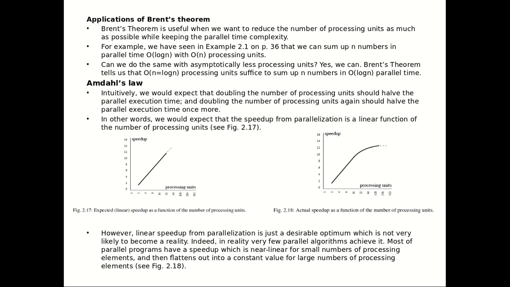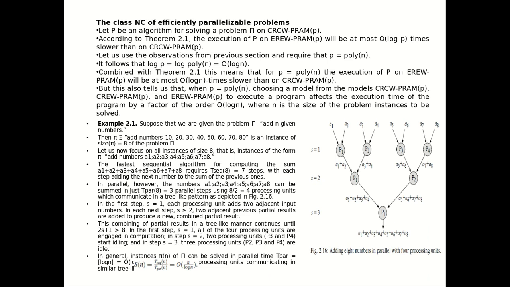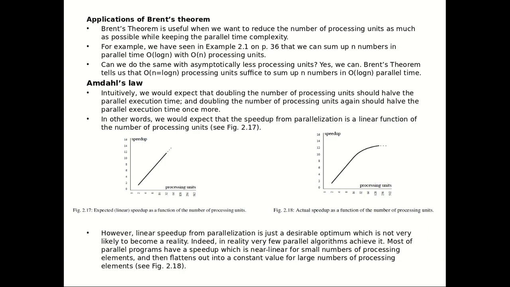Now, applications of Brent's theorem. Brent's theorem is useful when we want to reduce the number of processing units as much as possible while keeping the parallel time complexity. For example, we have seen in example 2.1, where earlier we did one example, this one, this example. In this example we have seen that we can sum up n numbers in parallel time big O of log n with n processing units.